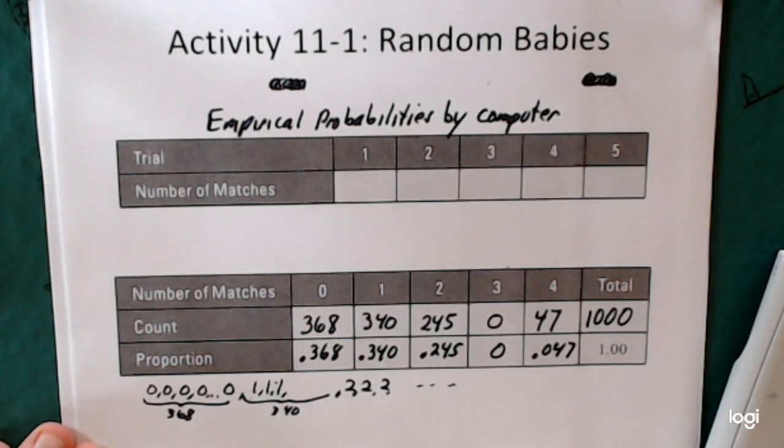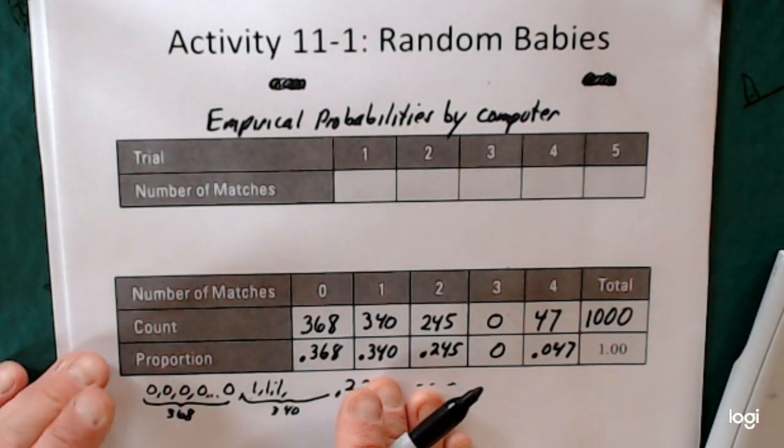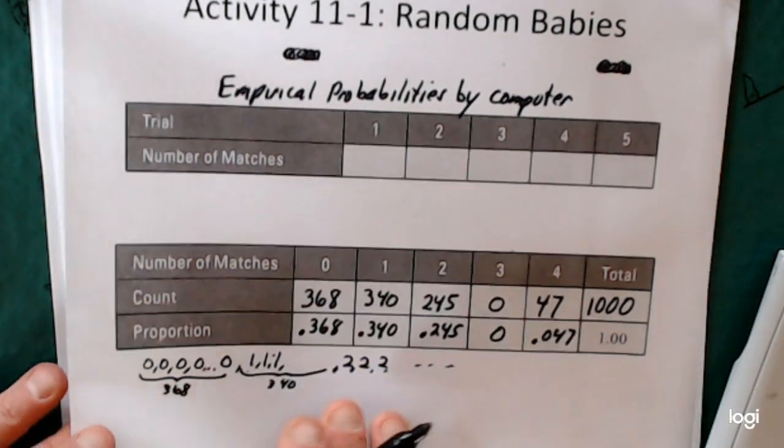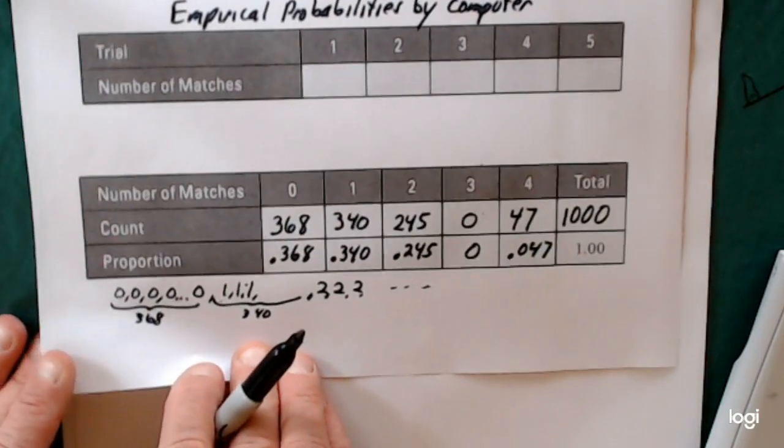So if I want to find the average number of matches, I have to add up the observations and divide by the number of observations. There's 1,000 observations altogether. Adding all these numbers up will take a bit of work, except we know how to do this in a frequency table.